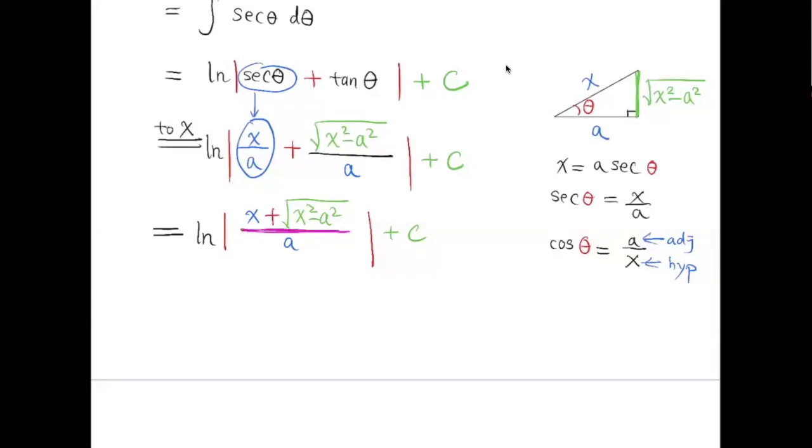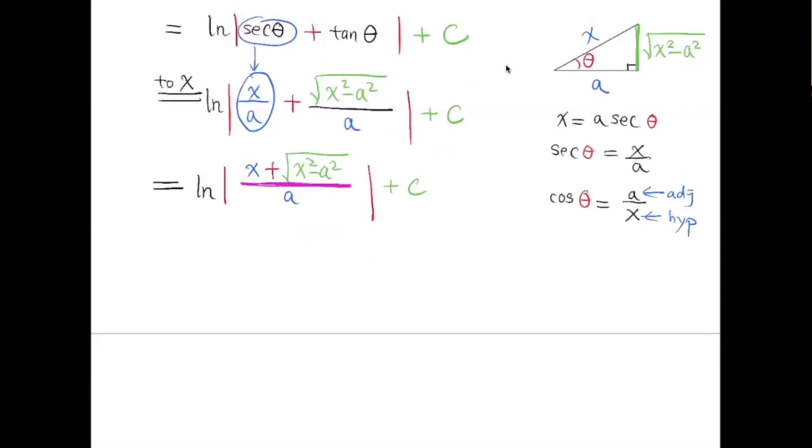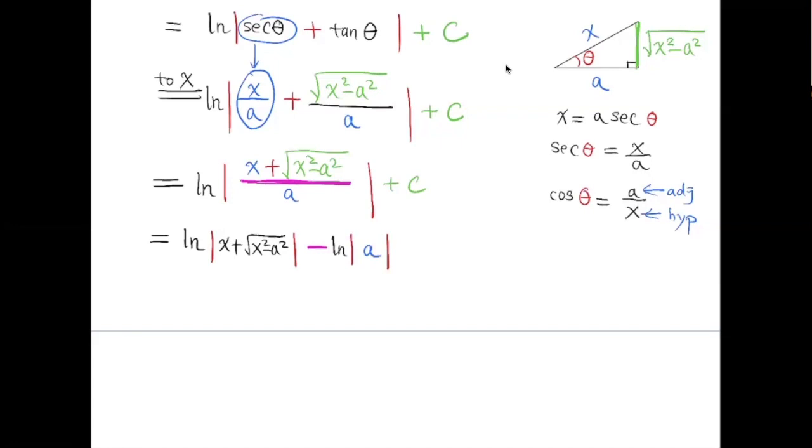When you take the ln of this quotient, that becomes the difference of the two ln's. So this is ln of the absolute value of the quantity on top, x plus this square root, and then subtracting ln of the quantity in the denominator, which is a, and then plus C.